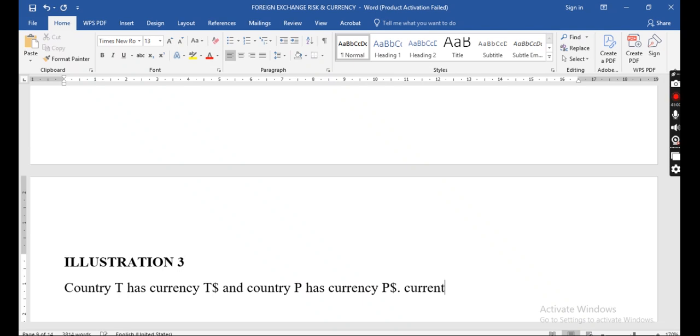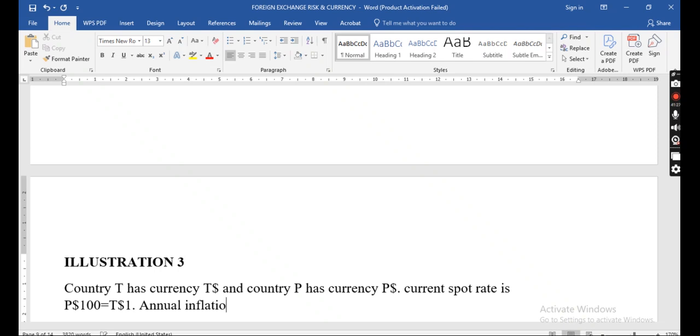The current spot rate should be maybe P dollar 100 equals T dollar 1.